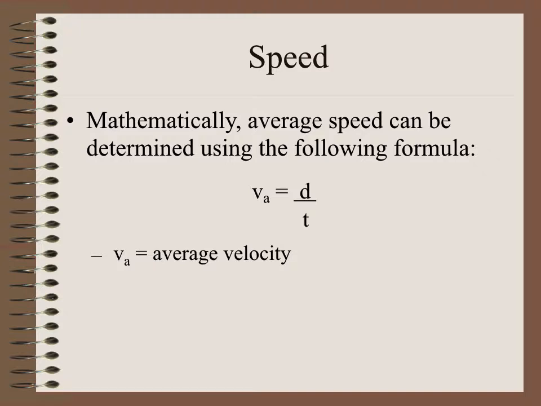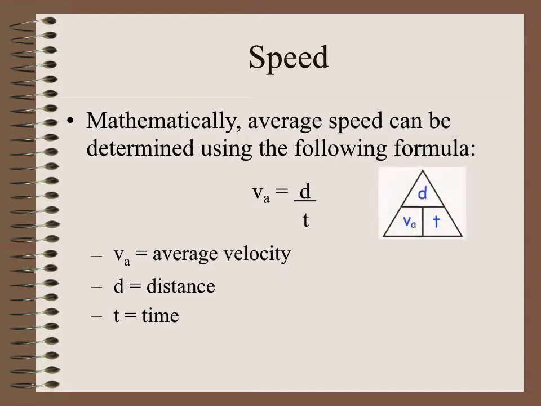Note, v with the subscripted a stands for one thing. It is not v times a. And d is our distance, and t is our time. Since there are three things in our formula, we can use a triangle. And this triangle is going to be very useful, especially when we're solving for things like time. It makes the calculations much easier.